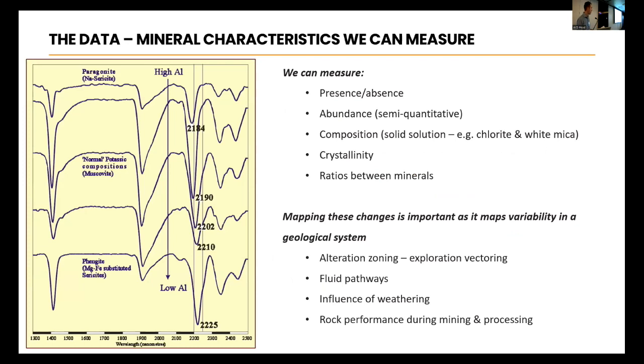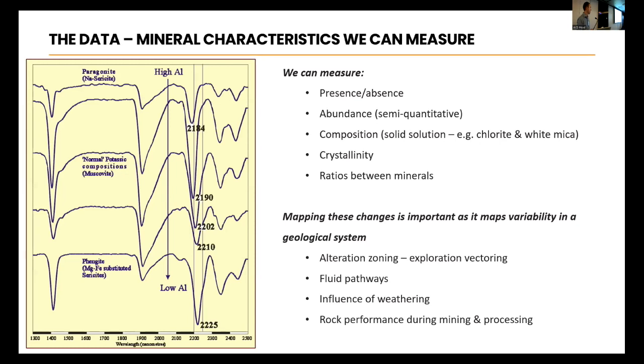So from our data, we can measure the presence or absence of minerals, and abundance. It's a semi-quantitative measure. We can measure the composition, where there's solid solution in some of our minerals, crystallinity, and ratios between mineral abundances. Mapping these changes is important because it maps out variability in a geological system.